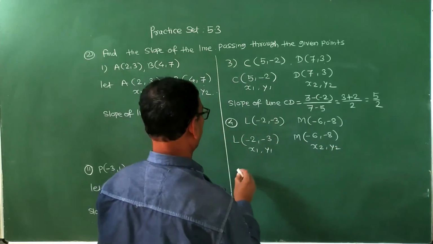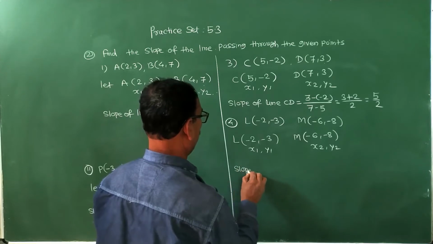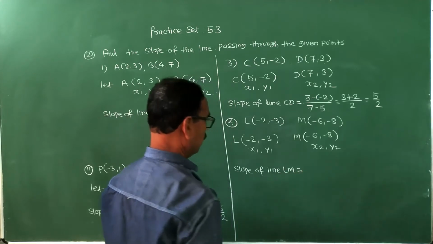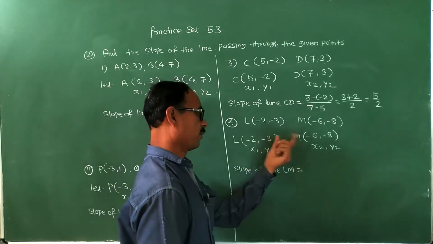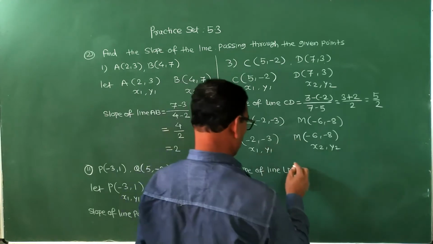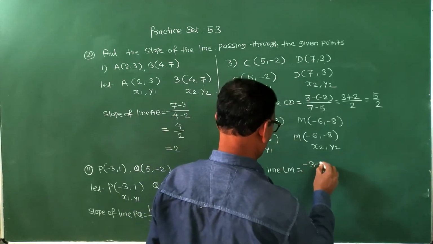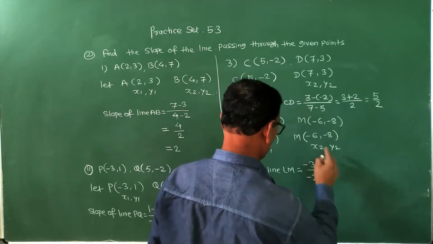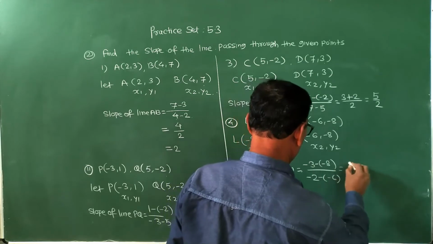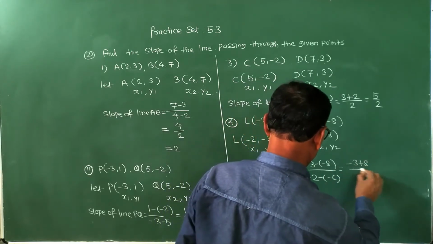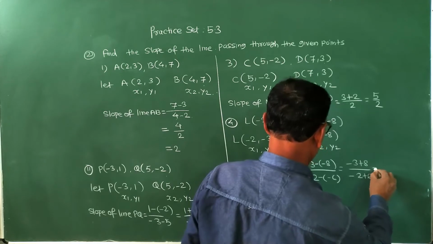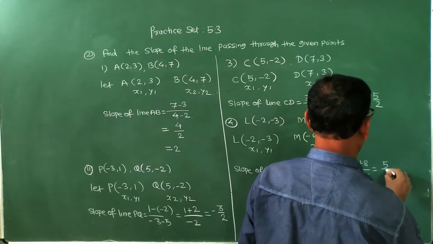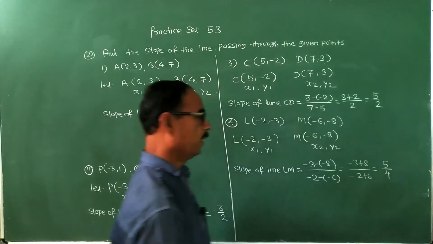Now slope of line LM is given by y2 minus y1 or y1 minus y2. We will take y1 minus y2. This will be -3 minus (-8) upon -2 minus (-6). This will be equal to -3 plus 8 upon -2 plus 6. So 8 minus 3 is 5 and 6 minus 2 is 4. So slope is 5 by 4.